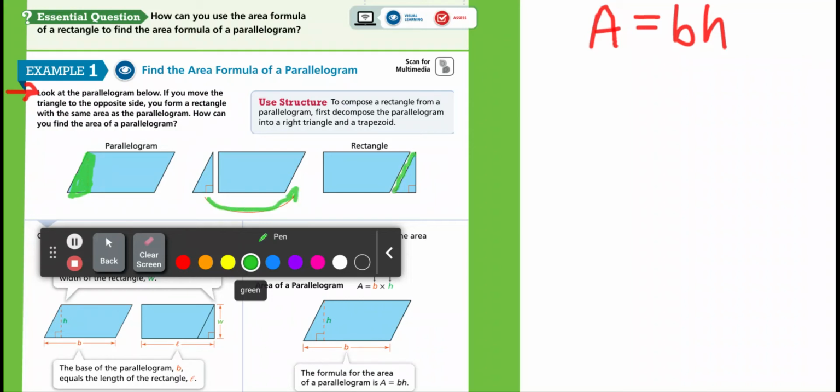So now they have a triangle forming a rectangle with that shape. So that proves to us why we can use the area equals base times height formula to find the area of a parallelogram and of a rhombus.